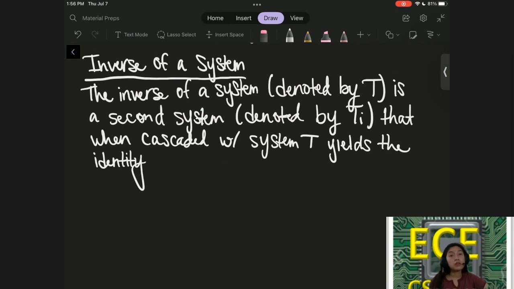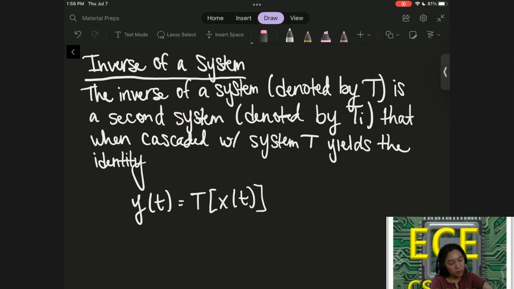What this means is that we have our original system T, which works like this: y of t is the output of big T, our system, and x of t is the input.